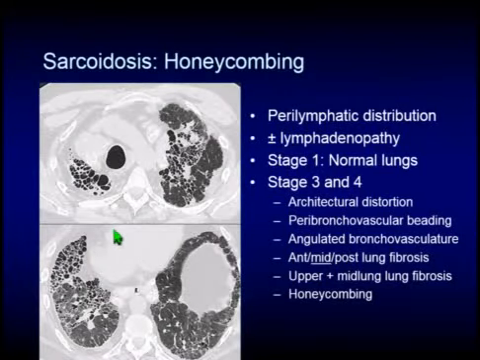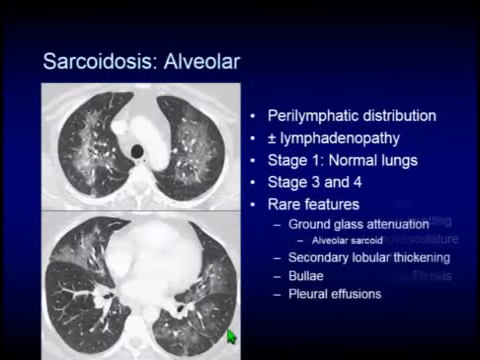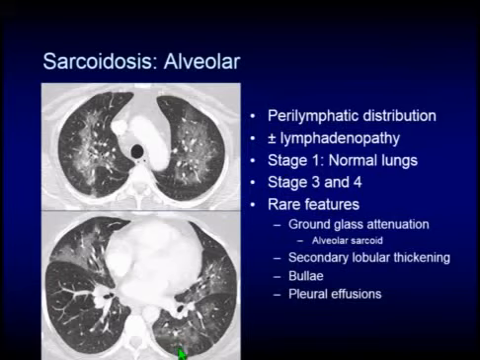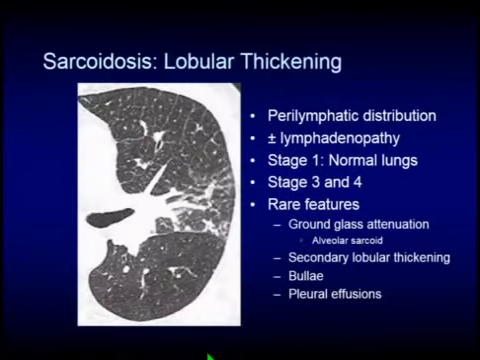And here, in some cases, you might see honeycombing even in cases of sarcoidosis. Rare presentations or features of sarcoidosis: you may see ground glass attenuation or even airspace attenuation, as in this case of alveolar sarcoid. You might see septal thickening, as you can see here. A lot of times, if you see a lot of septal thickening, rather than lung infiltration itself, you might want to think of cardiac involvement of the sarcoid with heart failure.